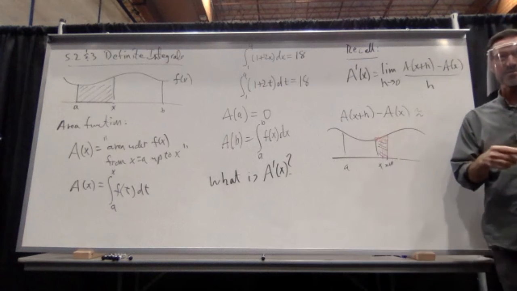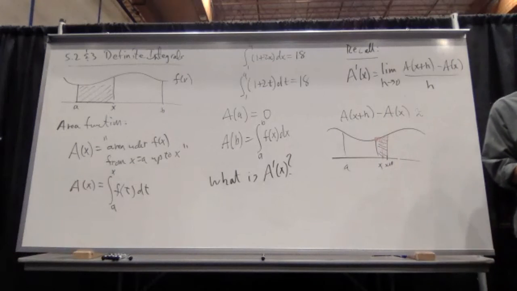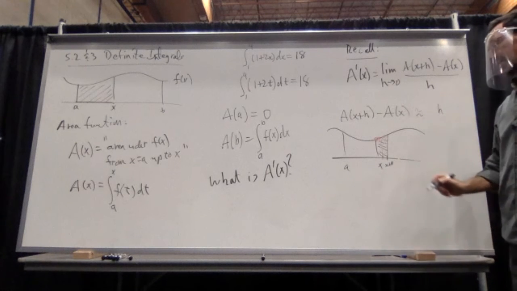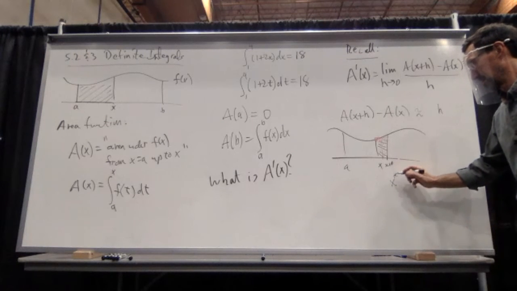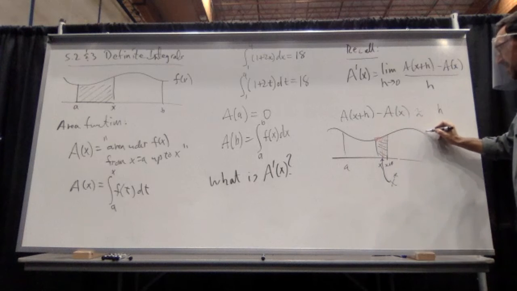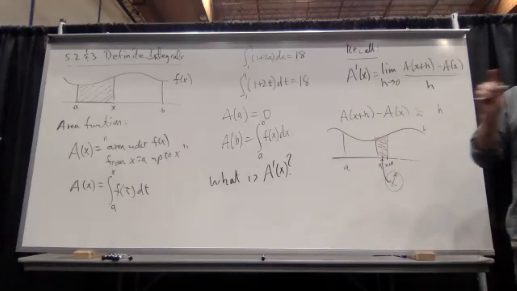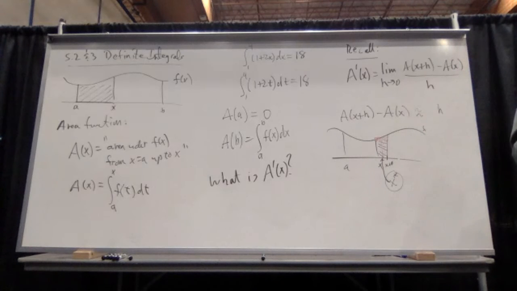How wide is that rectangle? h. How tall is it? Well, it's f of x applied to the point that I picked, to get the height. I'm going to call that x star. I choose any old point, it doesn't matter, in that little interval.